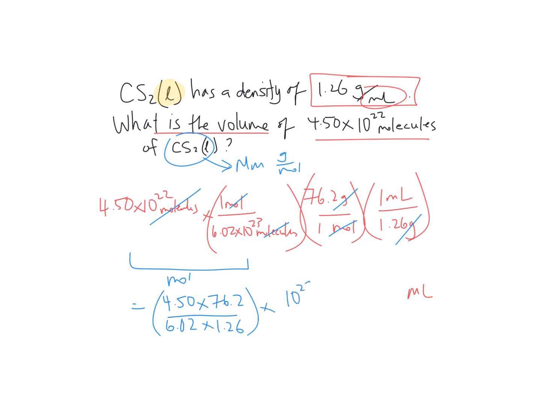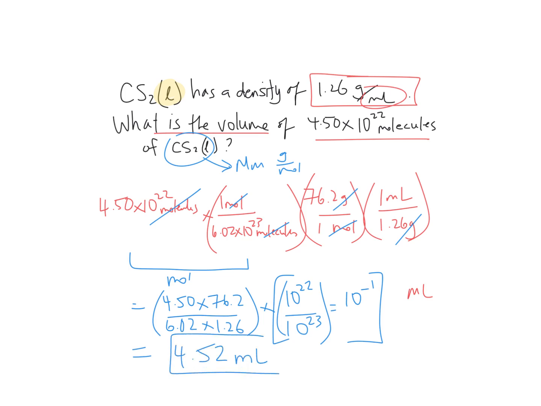You got 10 to the 22 on the top, and you got 10 to the 23 on the bottom. So according to your exponent laws, that's now going to turn out to be 10 to the minus 1. So you're going to multiply it by 10 to the minus 1. And then if you do all that, you should end up seeing it's 4.52 milliliters volume.